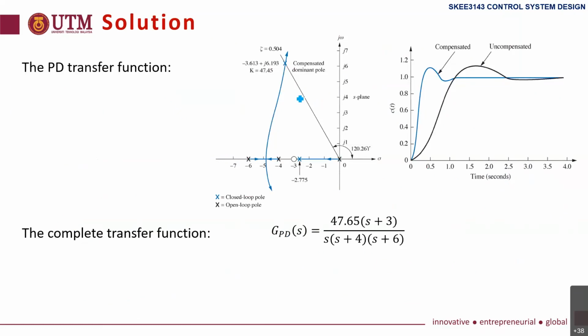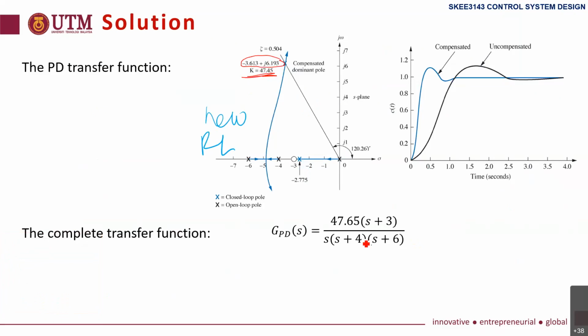This is the new root locus. You can see the zero at minus 3, and this is the new dominant pole as we desired. And this is the new K, 47.45.